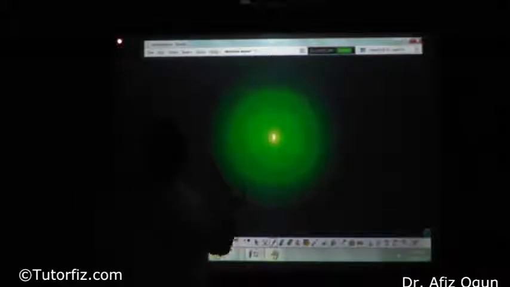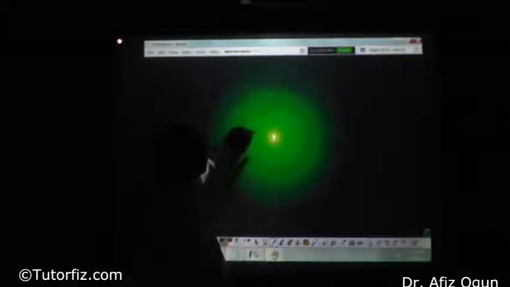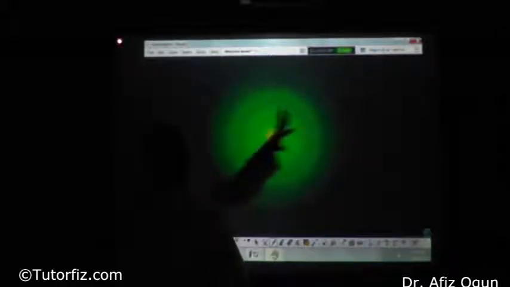What does this remind us of? It reminds us of what? Interference, which causes the diffraction. Remember, diffraction of light. It reminds us of this. That means the area of light is the area of constructive interference, the bright area where the electrons interfere constructively.